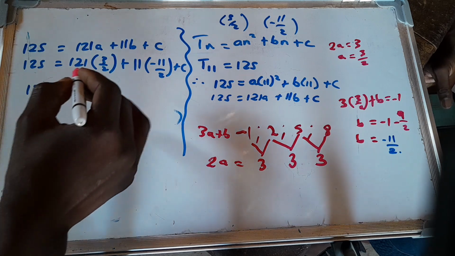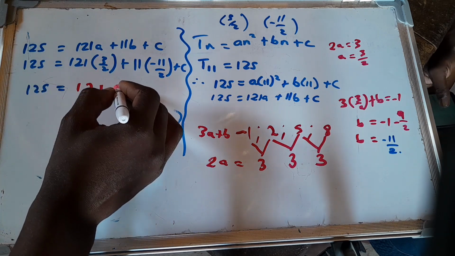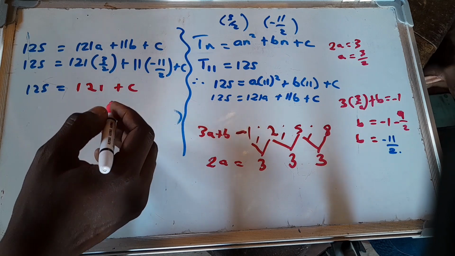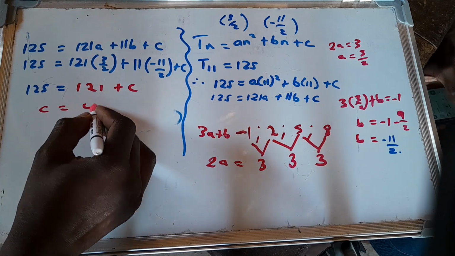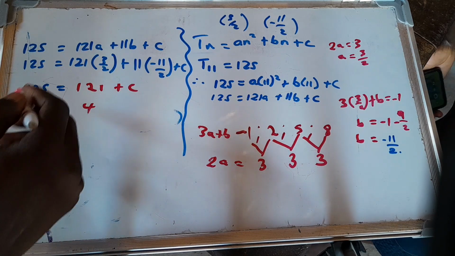We get 121 straight. So 125 equals 121 plus C, which means our C will be equal to 4.